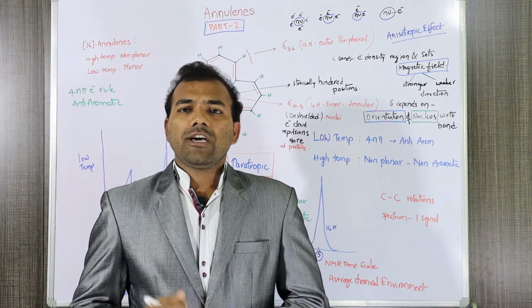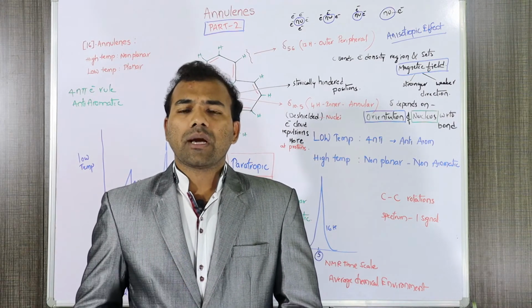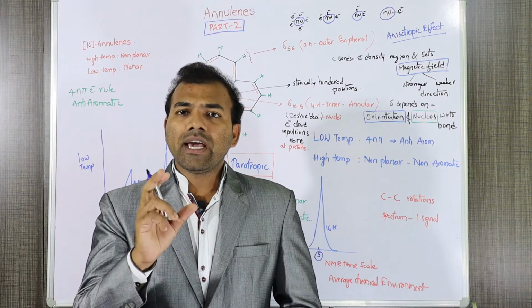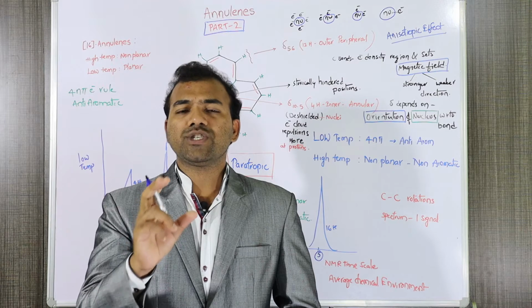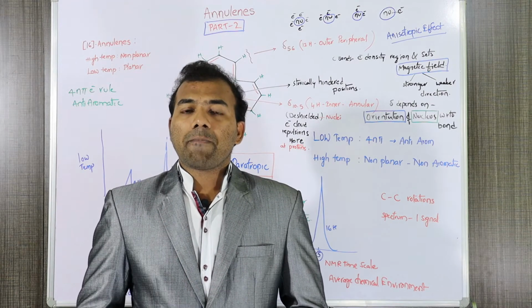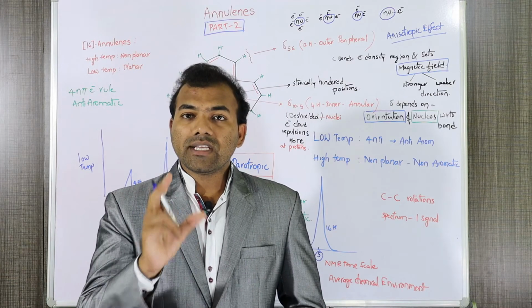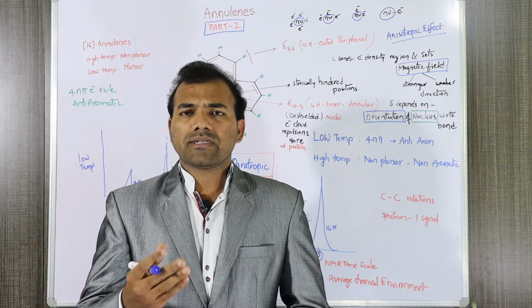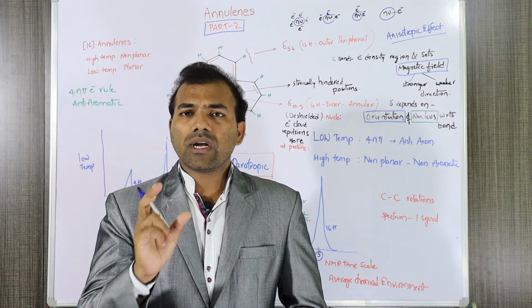Generally, if we talk about H1 NMR, then the nuclei here is only hydrogen. If I talk about C13 NMR, then the nuclei is only C13, that is the carbon atom. If I talk about phosphorus NMR, then the nuclei is only phosphorus.